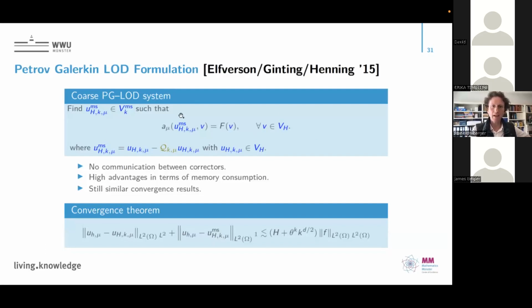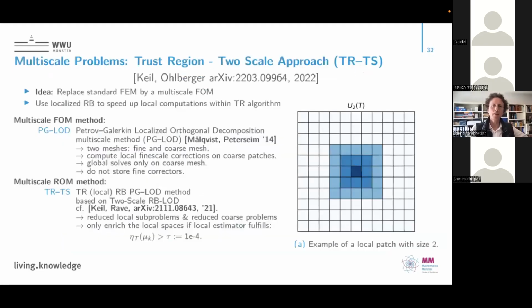And we want to speed up this method here with reduced basis methods. And this was actually done in a work by Tim Keil and Stefan Rave, which is on arXiv, and it will be shortly published in SISC this year. And there a full reduced basis method is proposed to reduce this local orthogonal decomposition method and get full speed up.